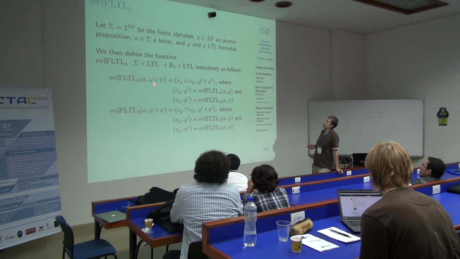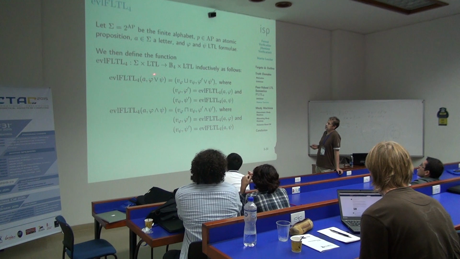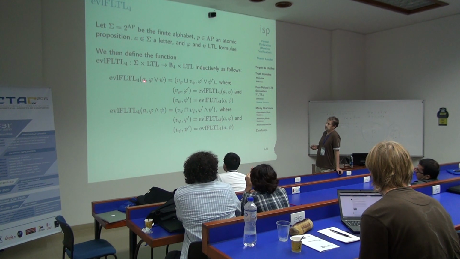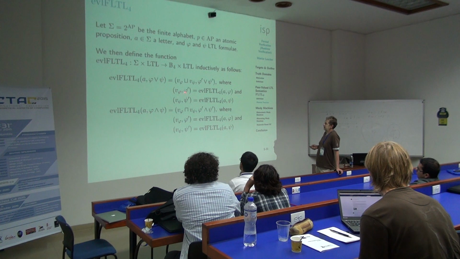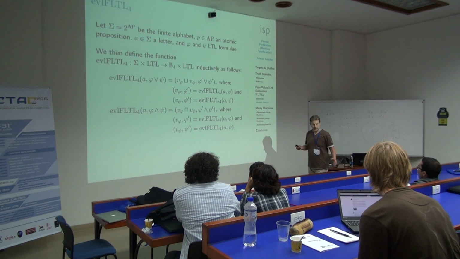So we start in some state, we read some letter, we output something, and we go to a new state. The new state is a Boolean combination of states that we get here. But it's like a disjunctive combination.